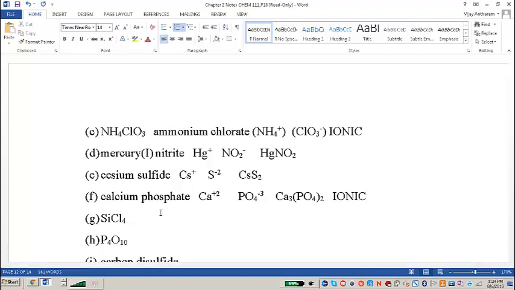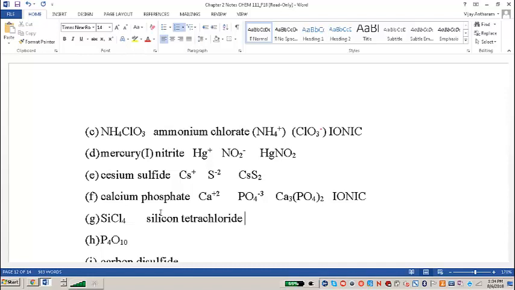All right, silicon with chloride. So is this ionic or covalent? I don't think I mentioned this, but if you have 2 nonmetals, it's a covalent compound, but how do you name it? You're going to name it utilizing prefixes.